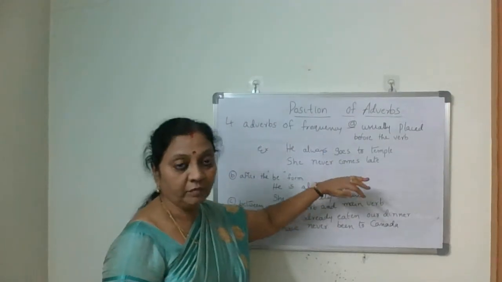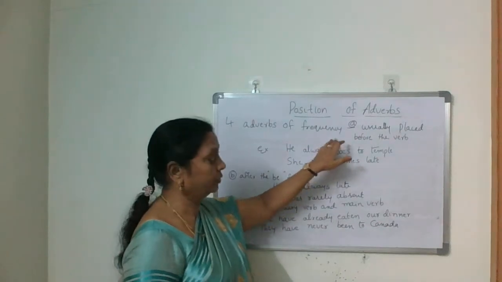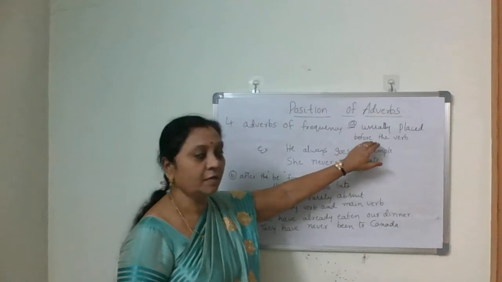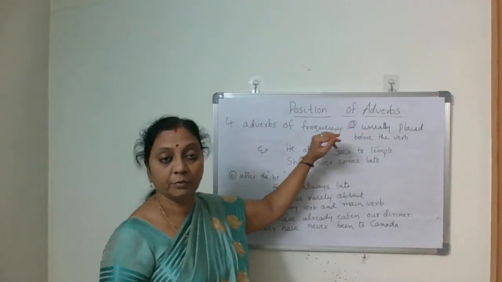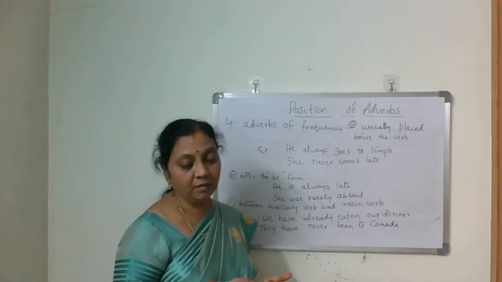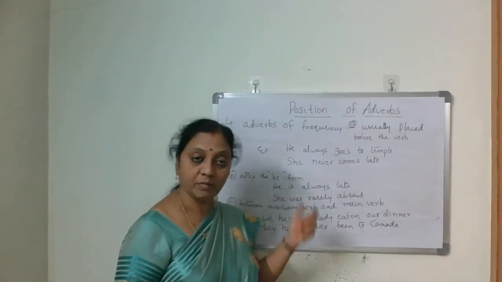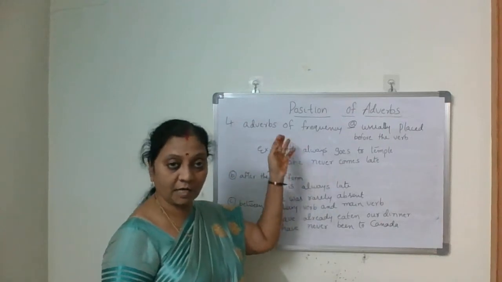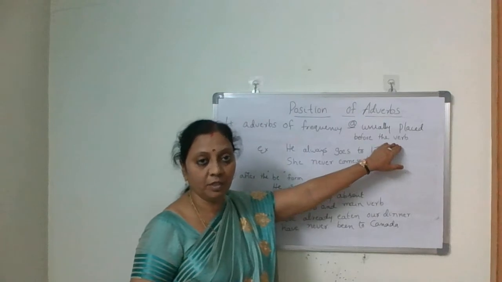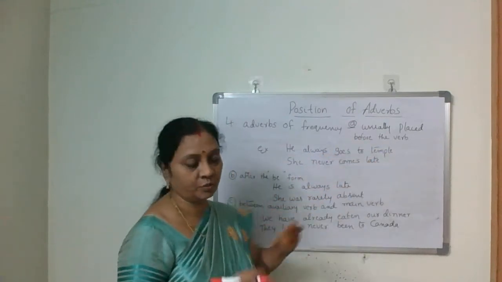Adverbs of frequency. Whenever adverbs of frequency are used, where do you place them? Adverbs of frequency are usually placed before the verbs. Whenever you are using adverbs of frequency, like always, ever, never, rarely, sometimes, all these adverbs of frequency are usually placed before the verb, like he always goes to temple.